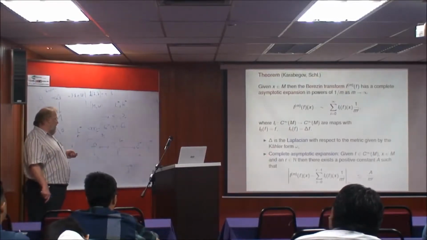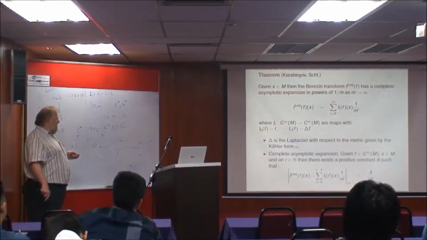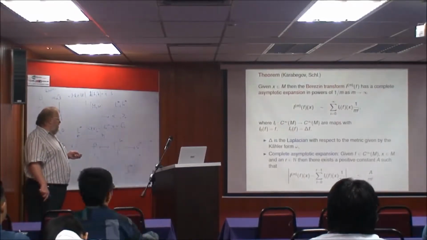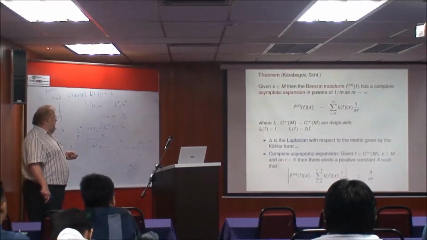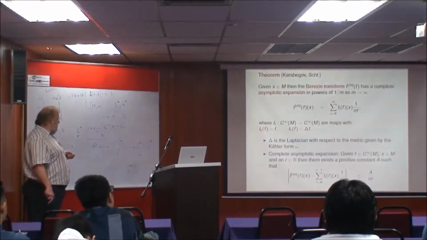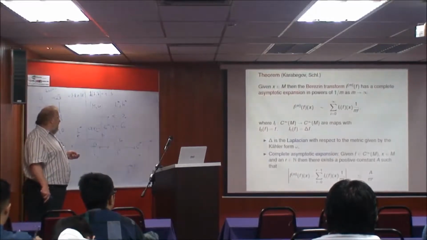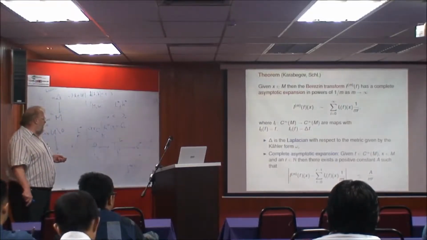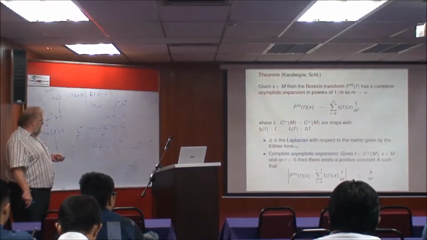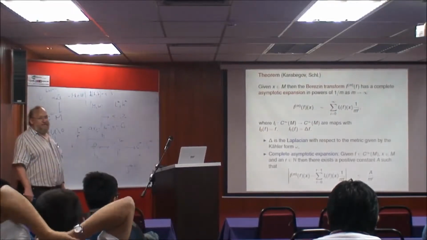And with the following property, that these I_k, as I said, are maps. In fact, these are differential operators. These are maps, so that I_0, the highest term, is just the identity. The next term is the Laplacian here, where the Laplacian has to be taken with respect to the metric given by the Kähler form omega.